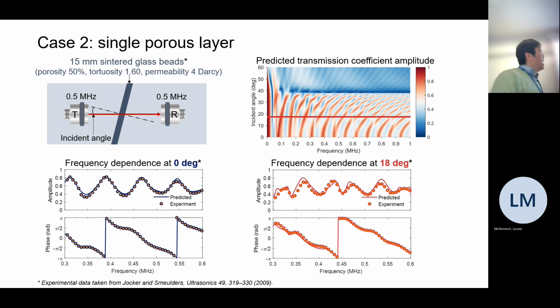We can do a horizontal cut, which gives you a frequency dependence at a particular incident angle. In these curves, the predicted results are the curves, and the experimental ones are the dots. So that again reinforces that our model is actually working for both solids as well as a pure single porous layer.